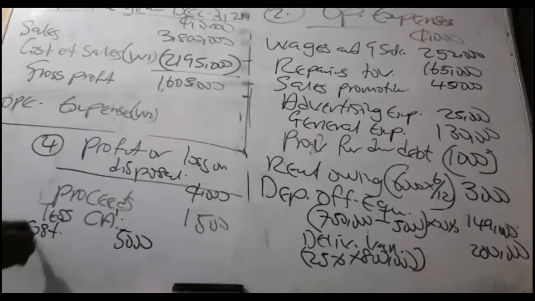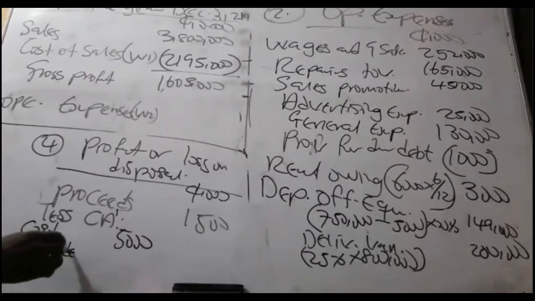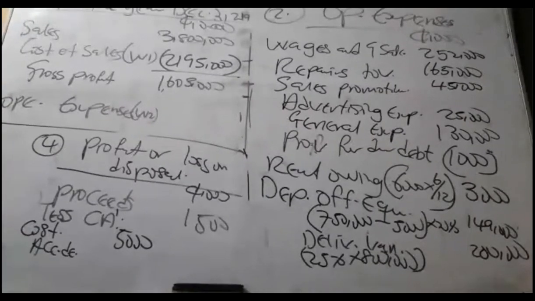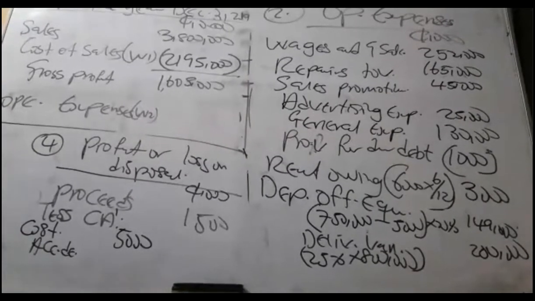Less accumulated depreciation. How do I get accumulated depreciation? I need to get depreciation for a year and multiply it by the number of years they've used it. Okay, so the cost is 5,000. Let's calculate depreciation per year. So then what is the number of years?